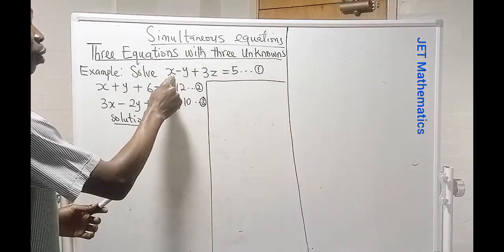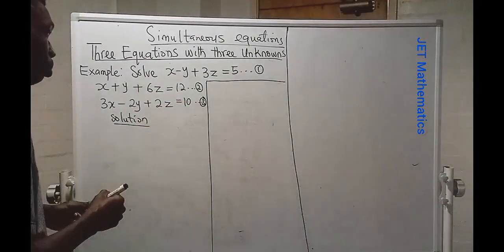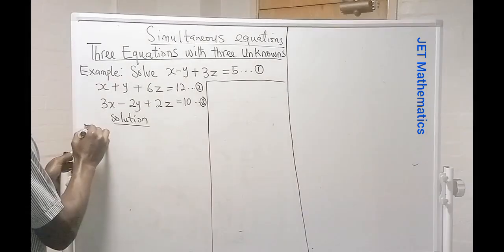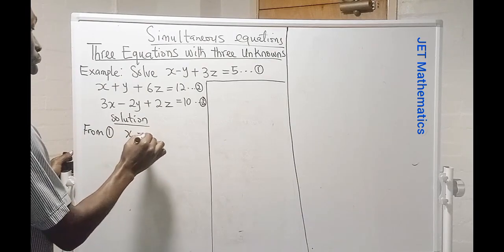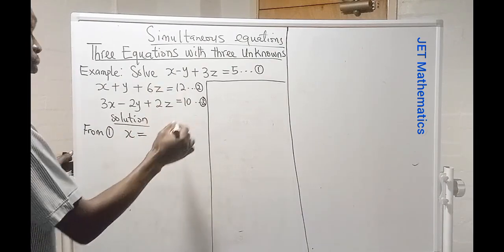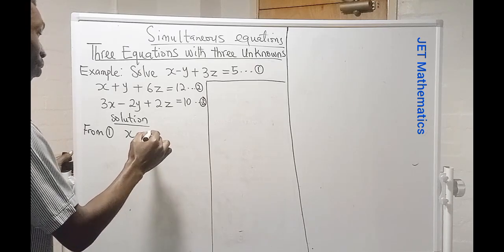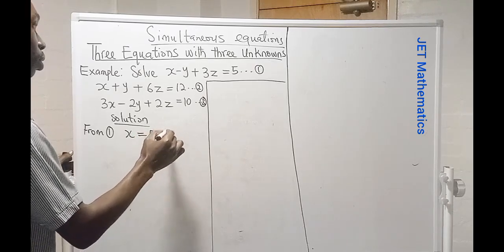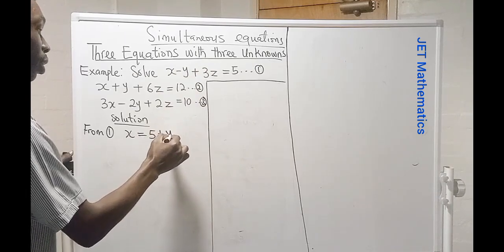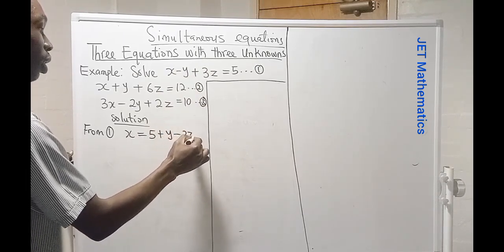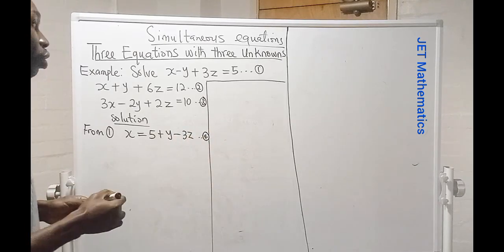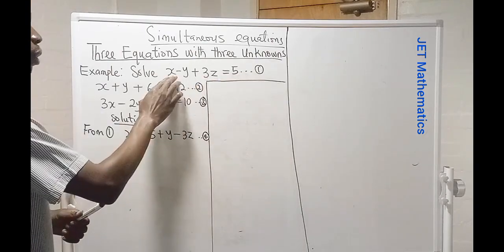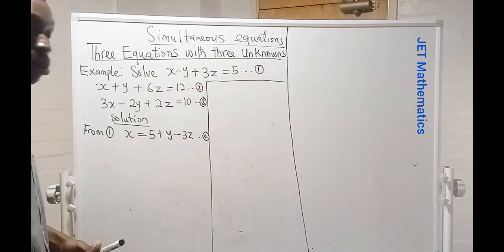So from equation 1, x is equal to 5 plus y minus 3z. You can call this equation 4.